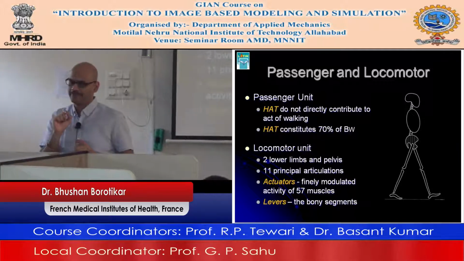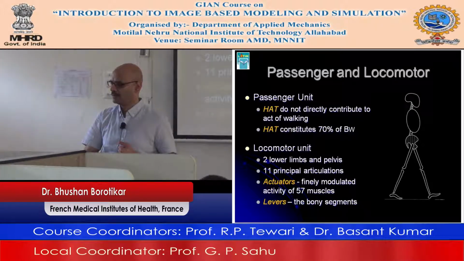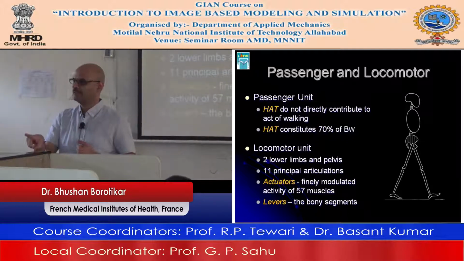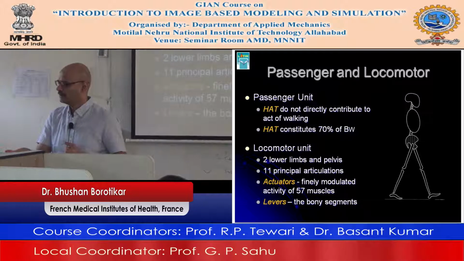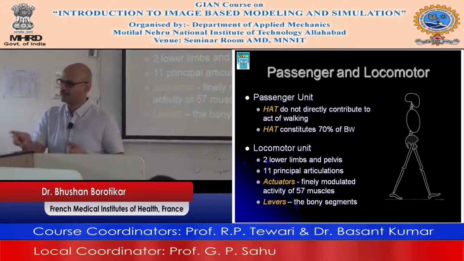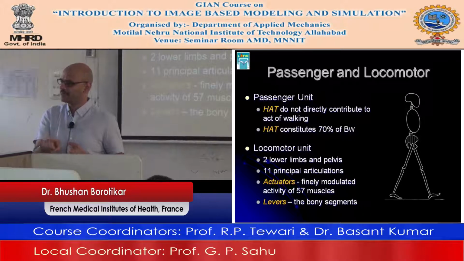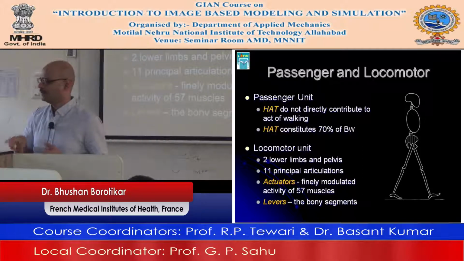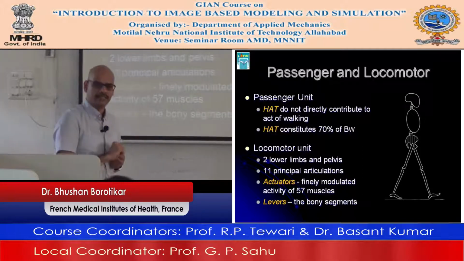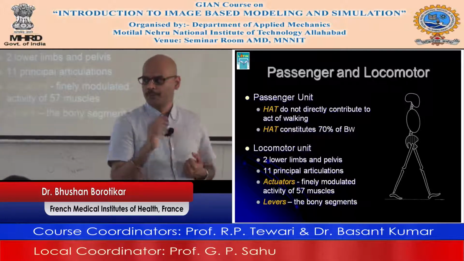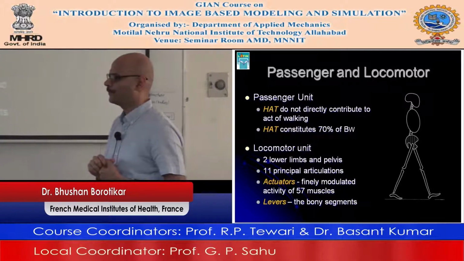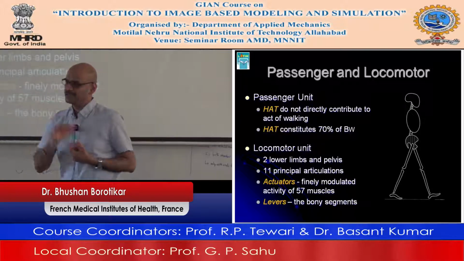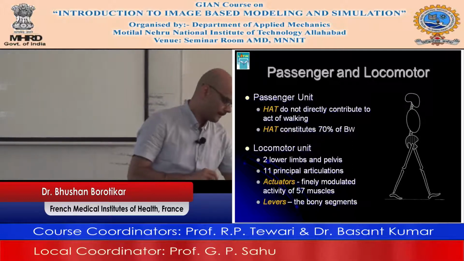Now imagine every single time you take one step, one gait cycle, you are activating and deactivating 57 muscles with their finely coordinated activity. If you can't, then you become pathological. Any single muscle that doesn't work makes you pathological, gives you pain, gives you abnormal gait, gives you lots of problems. Okay? And we have levers, which are bony segments. Yes?